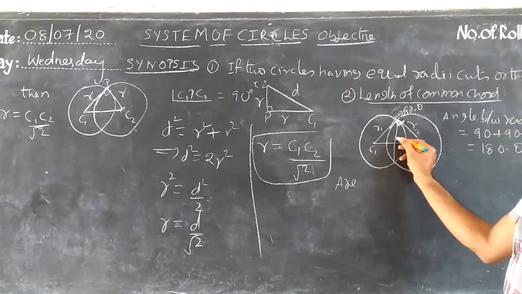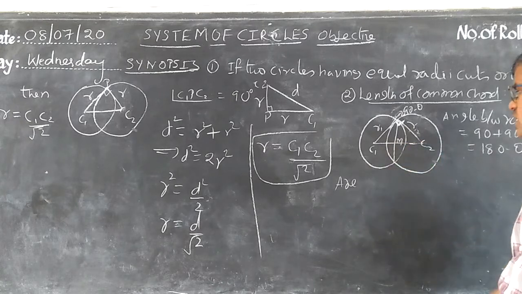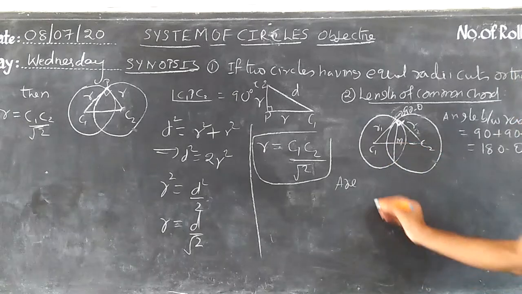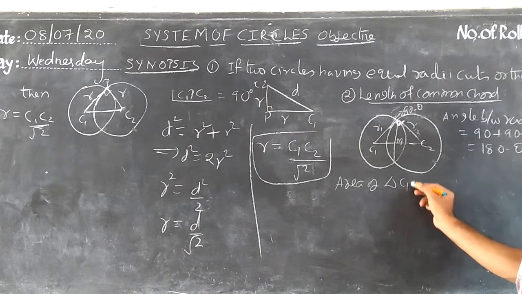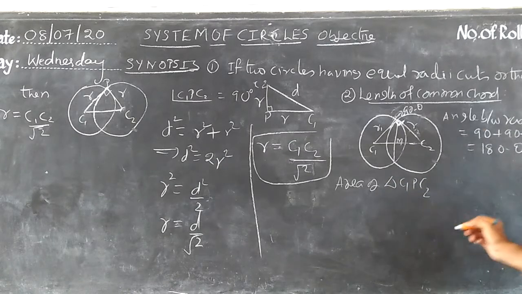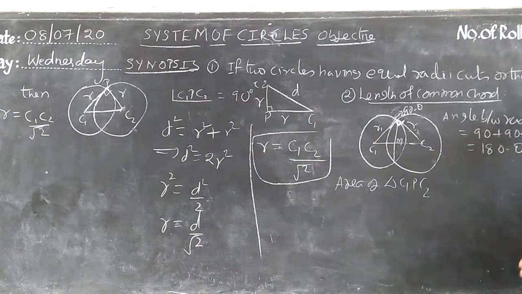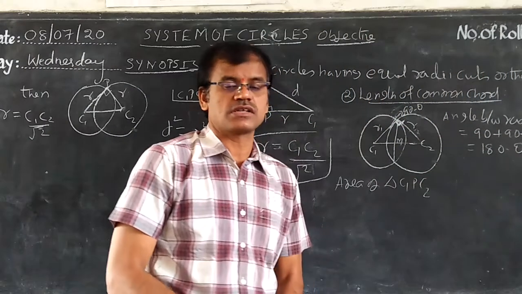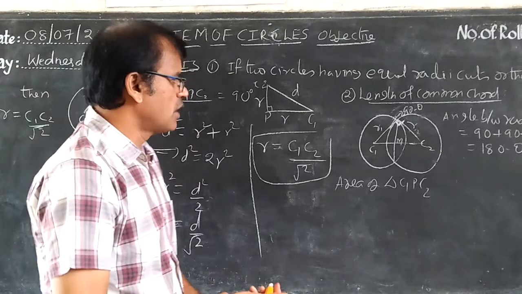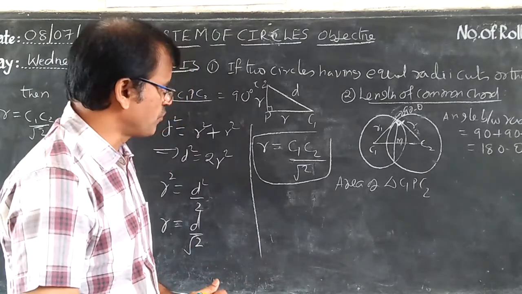This is the length of the chord. This is M, the chord intersecting the line joining C1C2 at the midpoint. Here you can write the area of triangle C1PC2. You remember this formula: the angle between radii is equal to 180 minus theta. It depends upon 180 minus theta only. We calculated the angle between two circles using cos of 180 minus theta and the cosine rule, which we used in the proof.